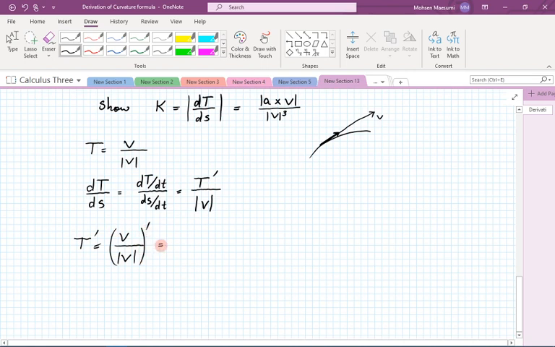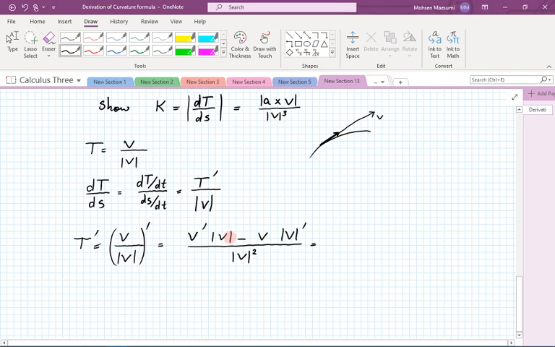Now we have to be careful with this. We have done it once before. Let's do it again. First, derivative of numerator. We are just applying the quotient rule. Derivative of the numerator times the denominator minus numerator as it is times the derivative of the denominator, divided by denominator squared. So that's just a quotient rule.